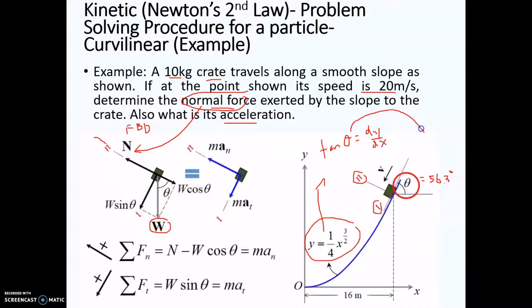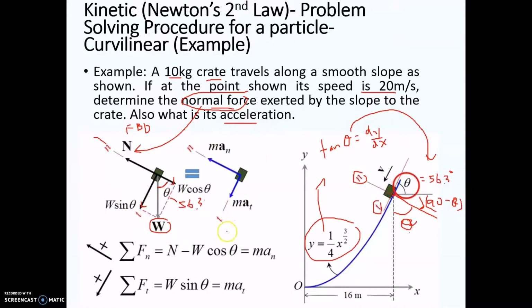Then you obtain the angle to be 56.3 degrees at this point. In the normal direction, this angle is 90 minus the angle here, and then to find the angle here, we take 90 minus this, so you obtain 56.3 degrees. Then you can obtain the W cos angle and W sin angle here.